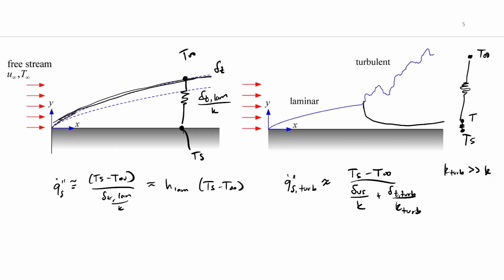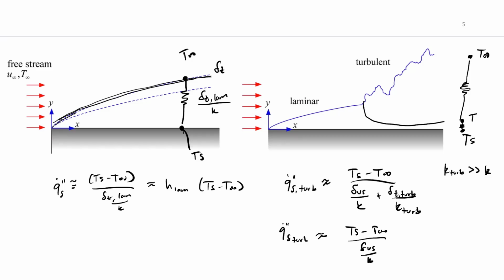So then we can write this equation as follows. Q dot double prime S turbulent is approximately equal to Ts minus T infinity divided by delta Vs over K. This is a good approximation for our heat transfer in the turbulent region, and it only depends on the viscous sublayer.